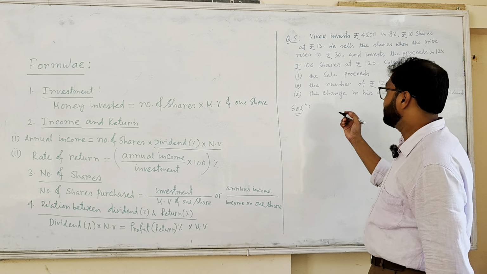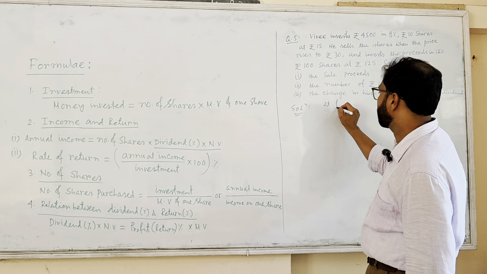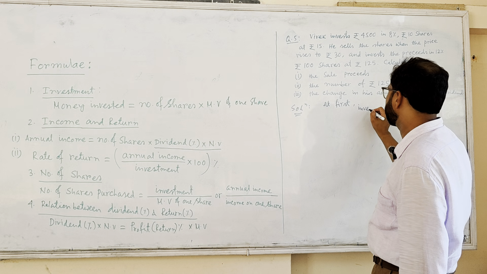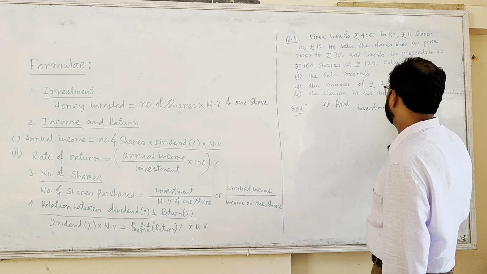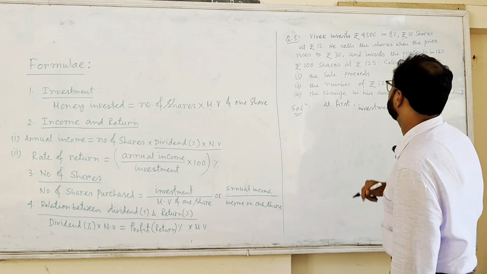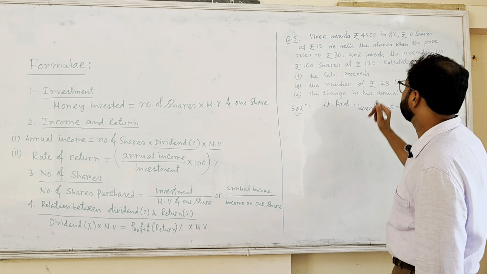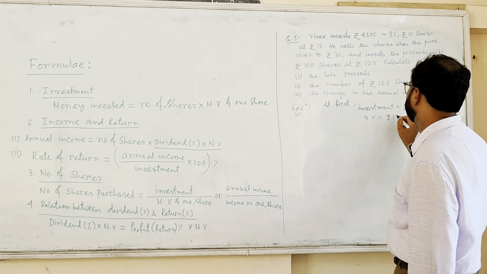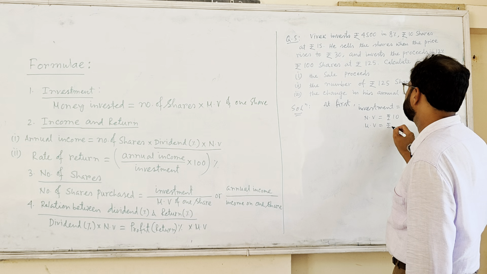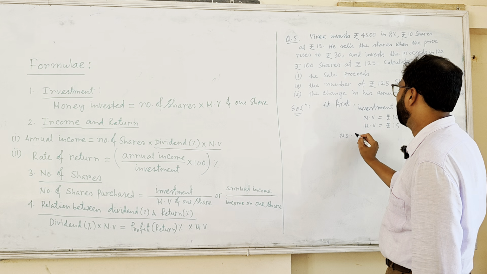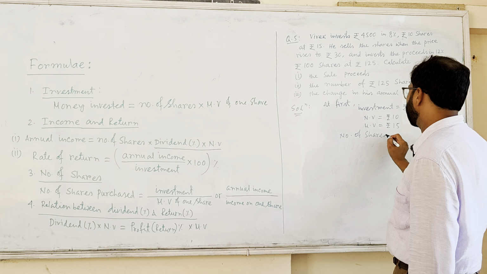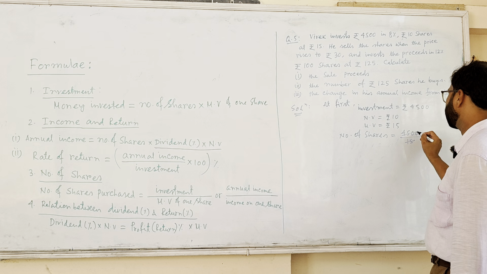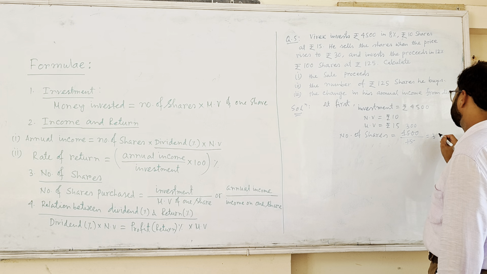So first we will write the given things. Investment equals 4,500. Nominal value equals rupees 10. Market value equals rupees 15. So number of shares equals 4,500 by 15, so 300.